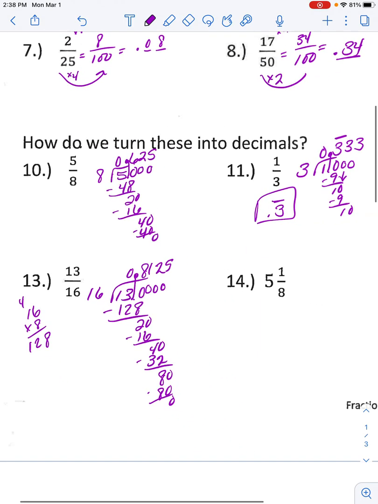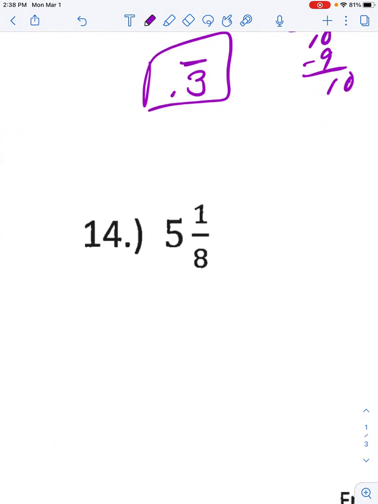This one would be 8,125 ten-thousandths. 5 and 1/8. You've got options here. We know how to write 5 as a whole number, 5 point something. So we can just do 1 divided by 8.